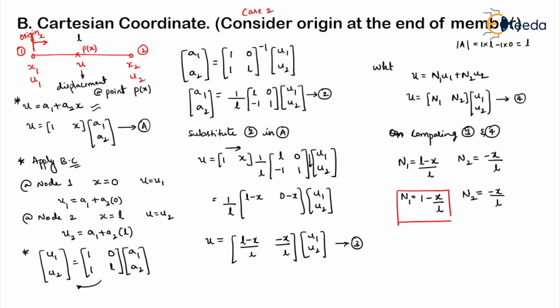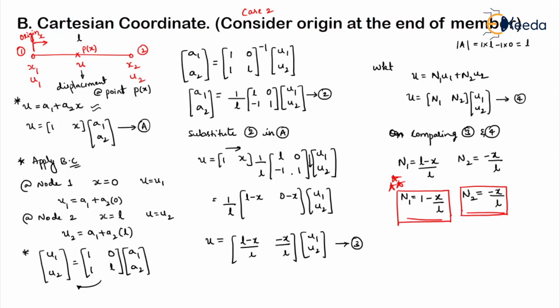Now when will this shape function come? For a 1D beam element, for Cartesian coordinate system when the origin is at the end of the beam, these are your shape functions. Okay. There's a small change here.